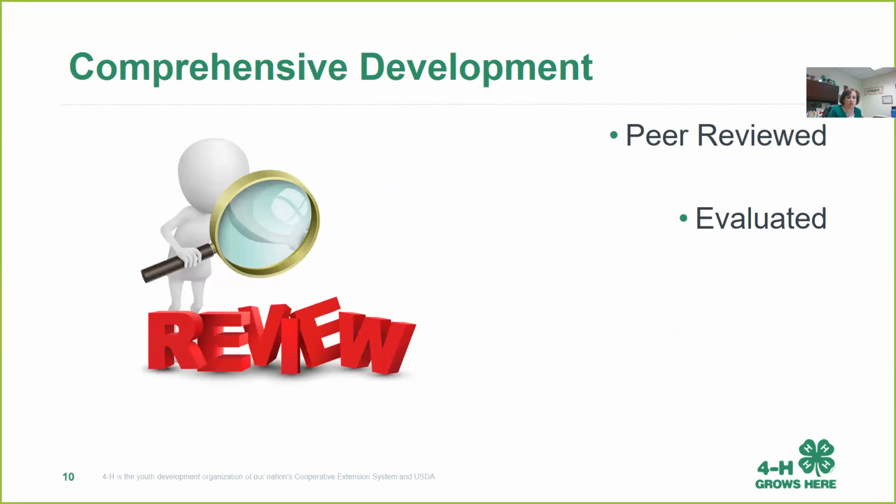The stuff that you get from other states, if it's on a state website, then 9 times out of 10 it has been peer reviewed, because most states have similar standards where it has to be peer reviewed. They follow these same standards. And that it's been evaluated and pilot tested. Those are the pieces that you want to look for.